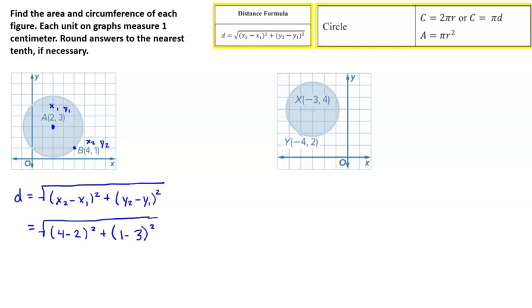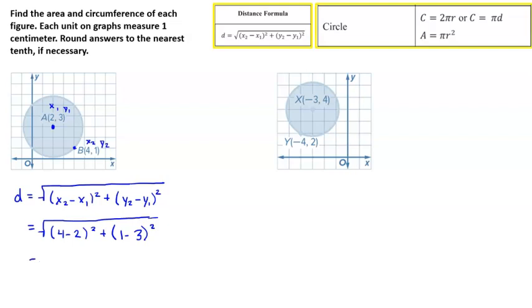And it might also help when you are using your distance formula, and I'm just going to write it over here just real quick, it might be easier to set it up like this, and then plug in your numbers. That way if you have any negatives, it makes it a little bit easier. So we'll do another one like that soon. This one didn't have any negatives, so we're not going to worry about it.